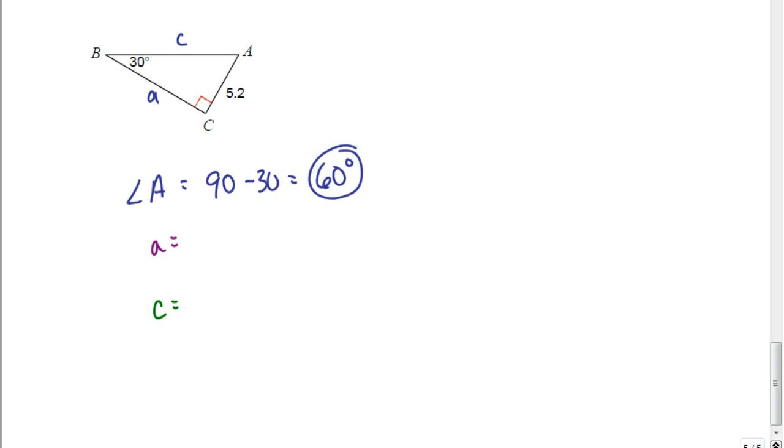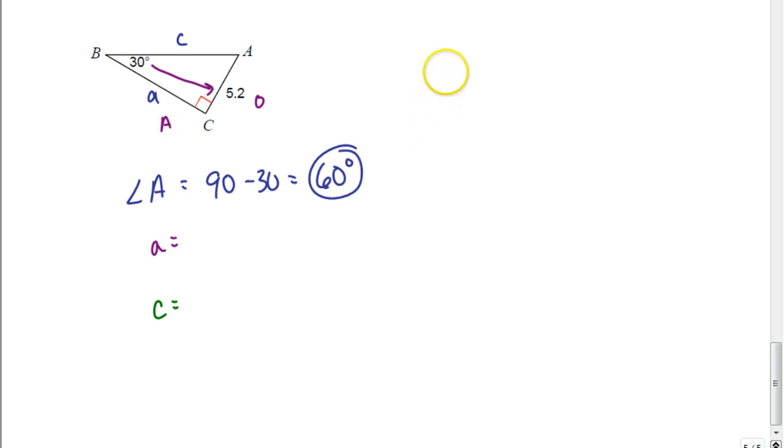To find out the measurement of side A, I'm going to use the fact that the 30 degrees and the 5.2 would be opposite that angle. And that means side A would be adjacent to the 30 degree angle.